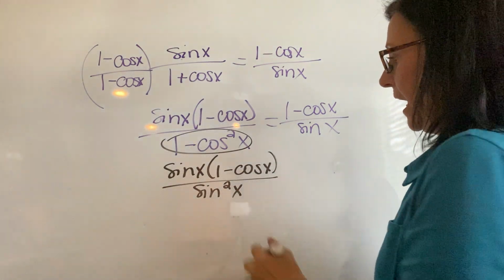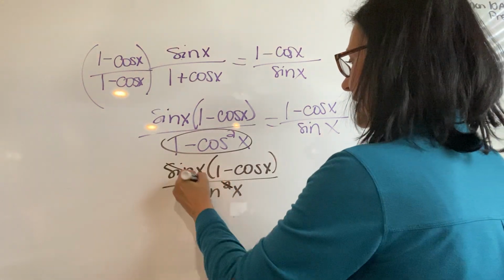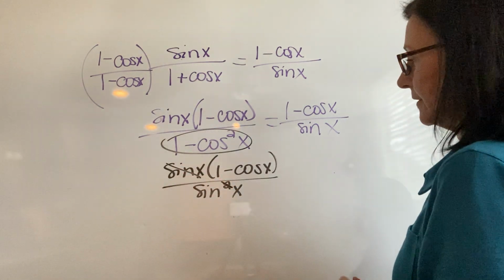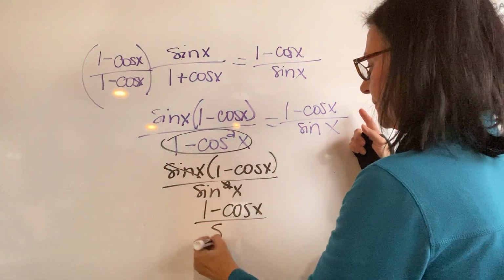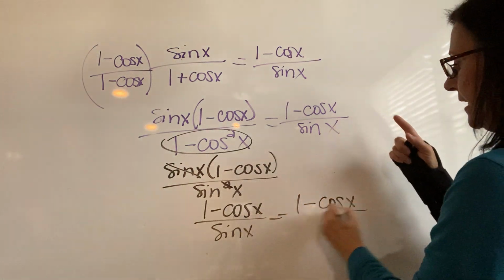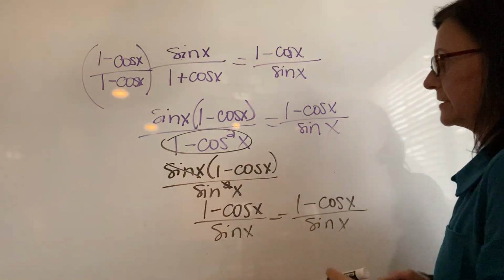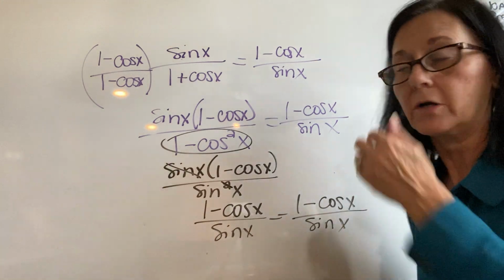I can simplify terms that are multiplied. I eliminate that, I eliminate that. Look what I'm left with: 1 minus the cosine x over the sine of x equals 1 minus the cosine x over the sine of x.